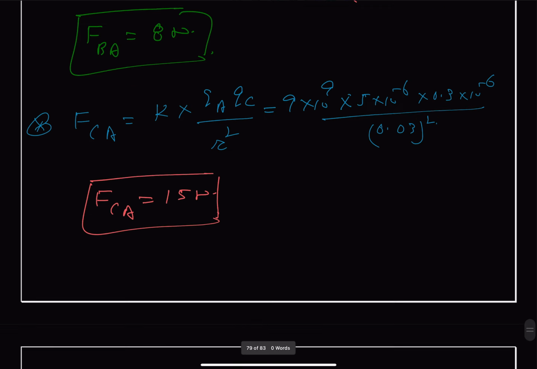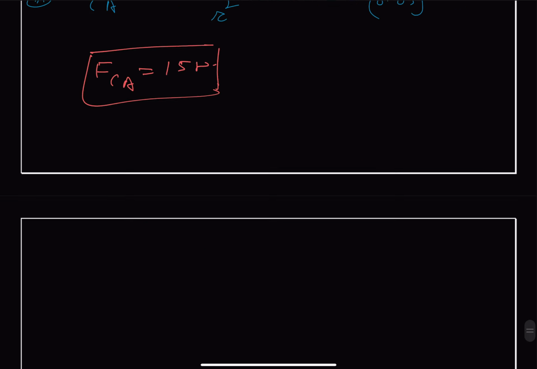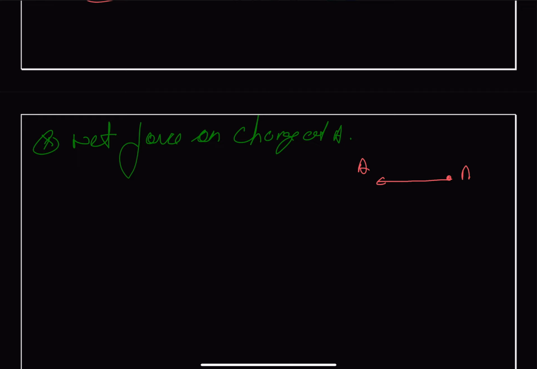Therefore, we need to find out the net force on A. Net force on charge at A. So we have here charge A, this is our FBA, and this is our FCA. So the resultant will be something like this. So this is our F net.